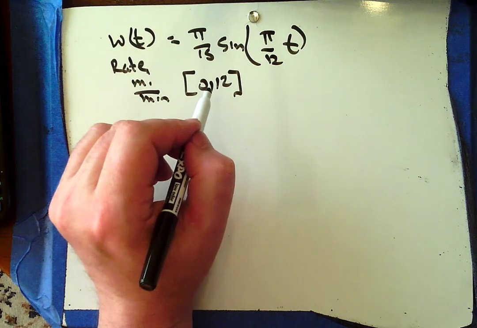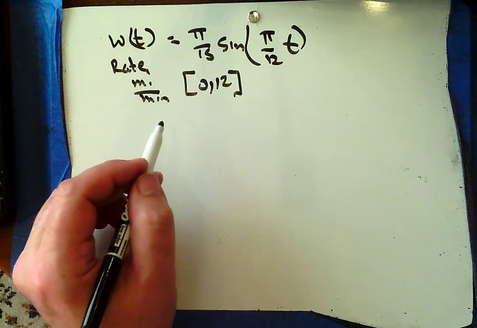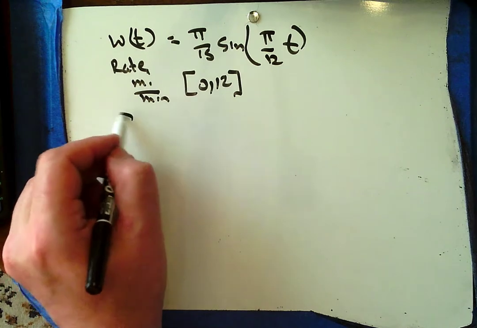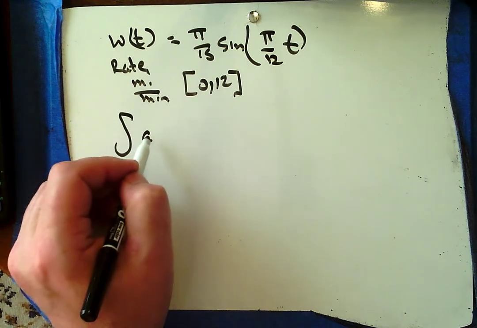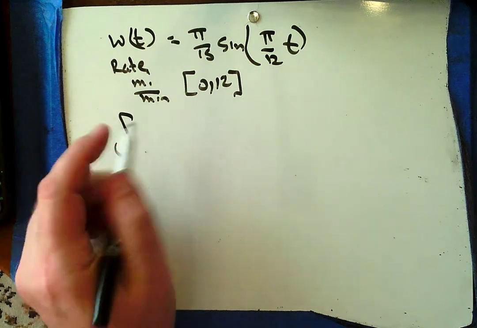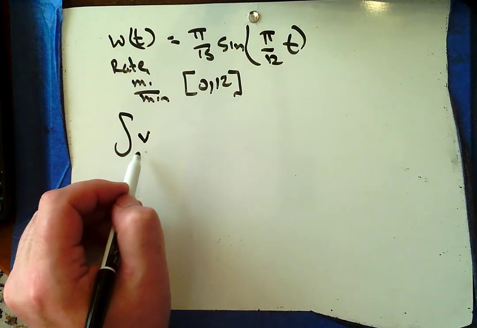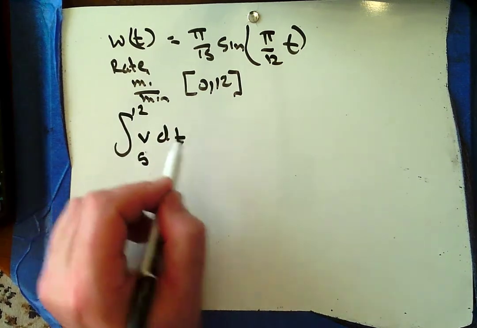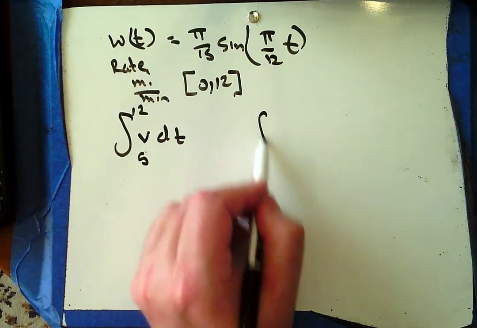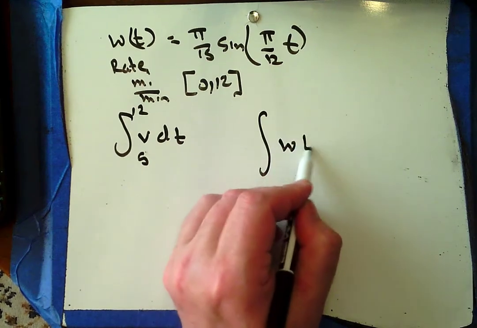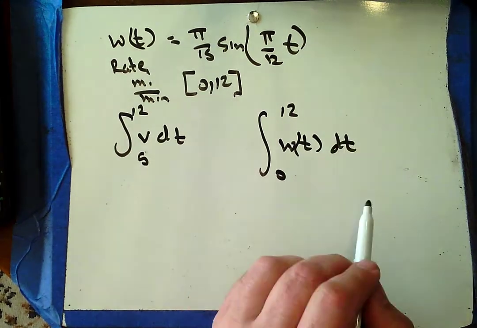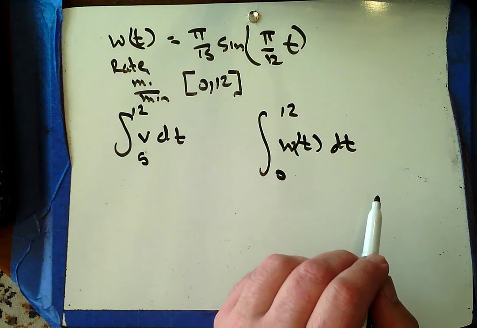Who lives closer to school, Karen or Larry? Well, Larry didn't go back. So we want to compare the integral of Karen's rate, which I guess we're calling v, from 5 to 12 dt, and we want to compare that with Larry's w of t from 0 to 12 dt, and see which one is bigger.